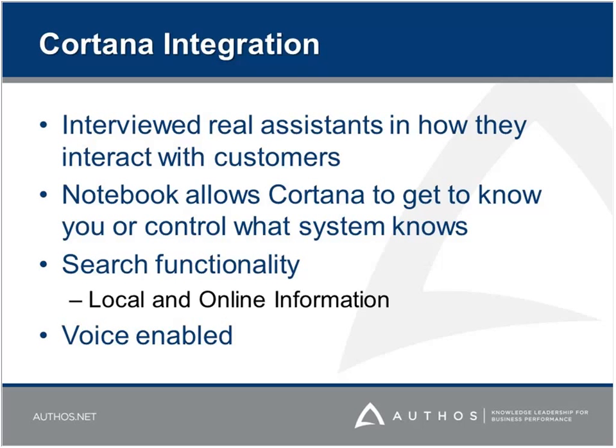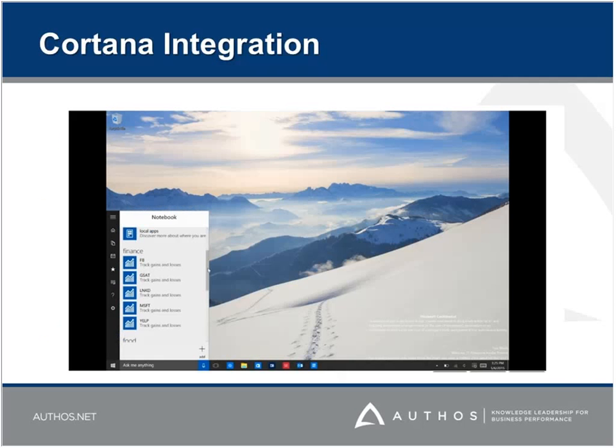To show you what this looks like, this is the notebook feature within this screenshot. You can see this specifically talks about finance. These are the stocks that are of interest to this user. At the very bottom, you can see the small print of food, where you can input what food you like.